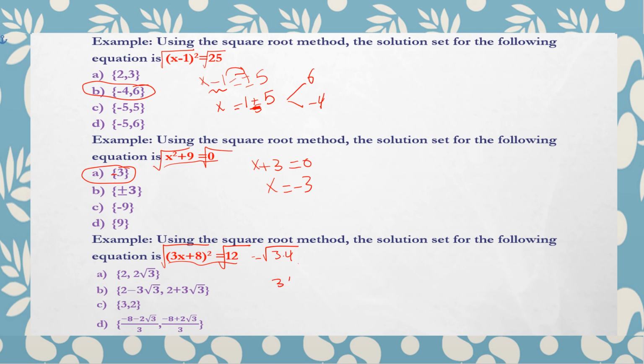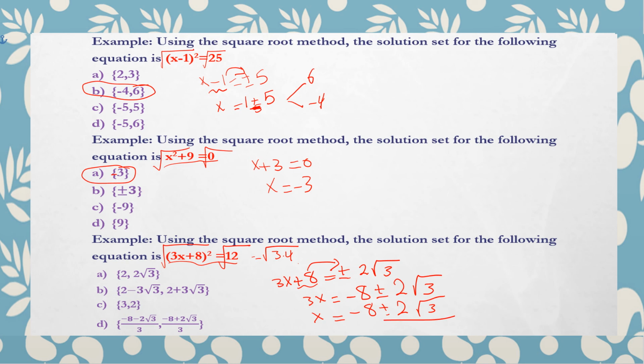So 3x plus 8 equals plus or minus 2 times square root of 3. By taking 8 to the other side, 3x equals minus 8 plus or minus 2 square root of 3. Then x equals minus 8 plus or minus 2 times square root of 3, over 3.